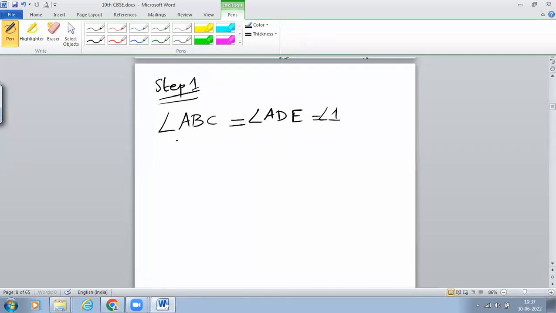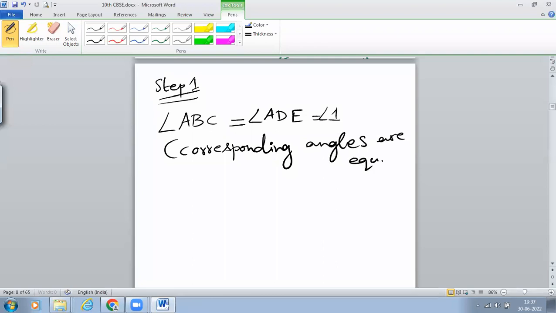Corresponding angles are equal when two parallel lines are cut by a transversal. You can simply write corresponding angles are equal. No need to mention two parallel lines cut by a transversal. Or else you can put a comma and write DE is parallel to BC, and put a bracket.